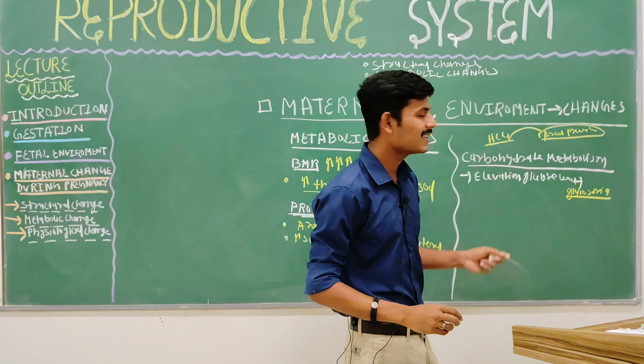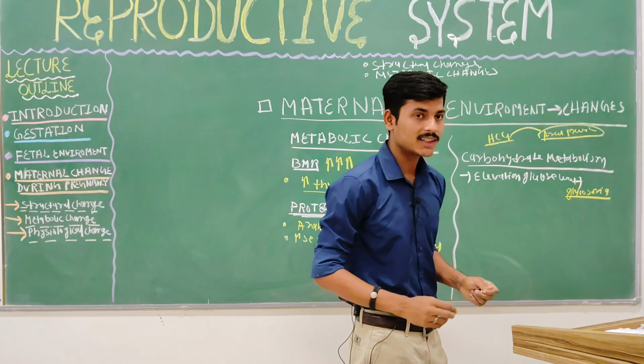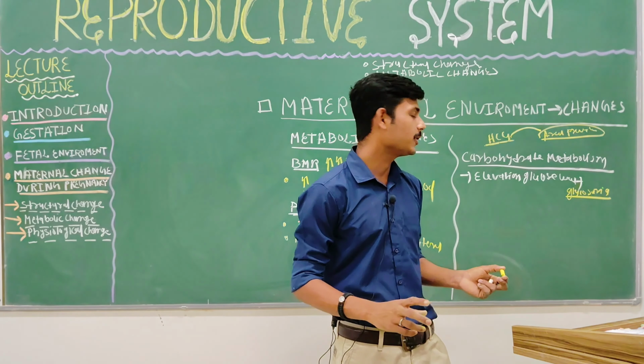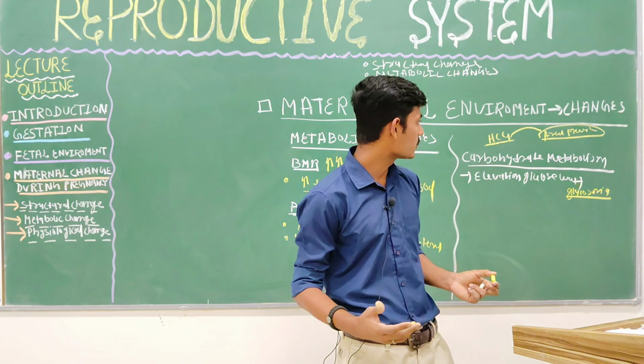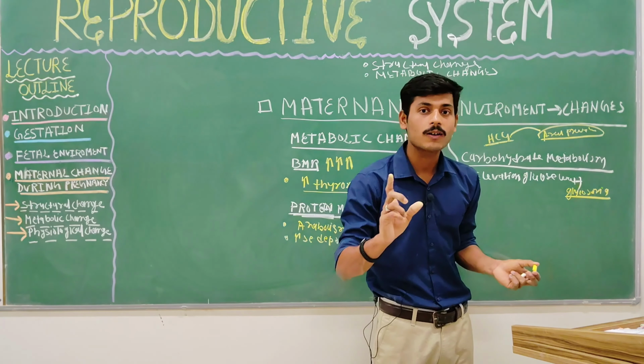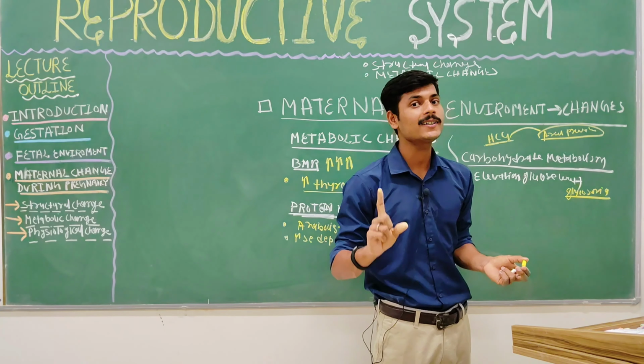HCG irritates the nerves present in the area postrema, the nausea center, generating a sensation that leads to nausea, and sometimes nausea is followed by vomiting. That is necessary, as it warns the female not to eat something unusual that is not beneficial for the developing child. It is also called morning sickness.